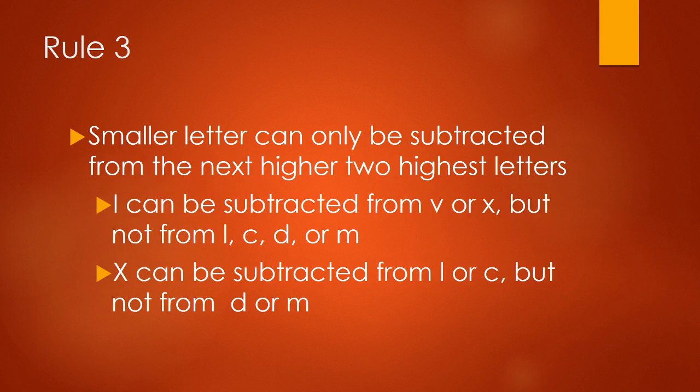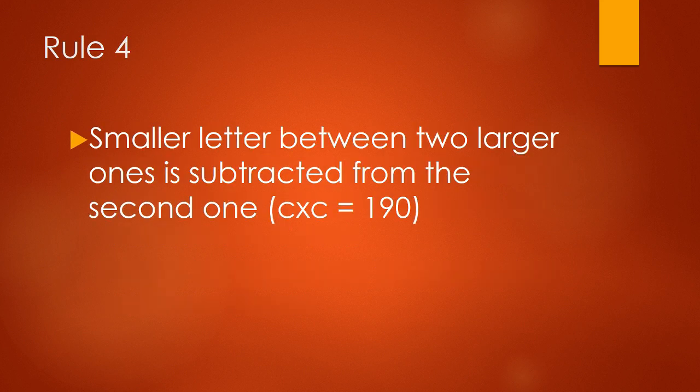After rule number 3, you'll have to know rule number 4: the smaller letter between the two larger ones is subtracted from the second one. So in this example, CXC represents 190. C is 100, X is 10, and C is 100. The first C is before the X, and since C is greater, it is just represented as 100.